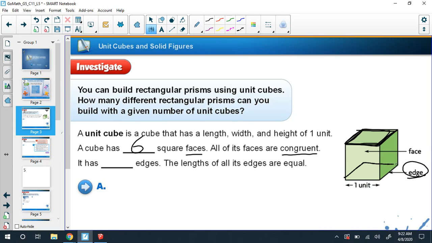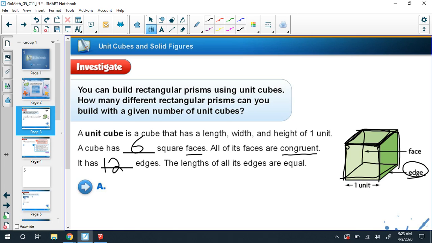Down here on the bottom, it's also going to have 4 edges. And then each of these corners are connected by an edge as well. So 4 for the bottom plus 4 for the top plus 4 around the sides is 12 edges. Because these are all squares, all of these edges are going to be equal.